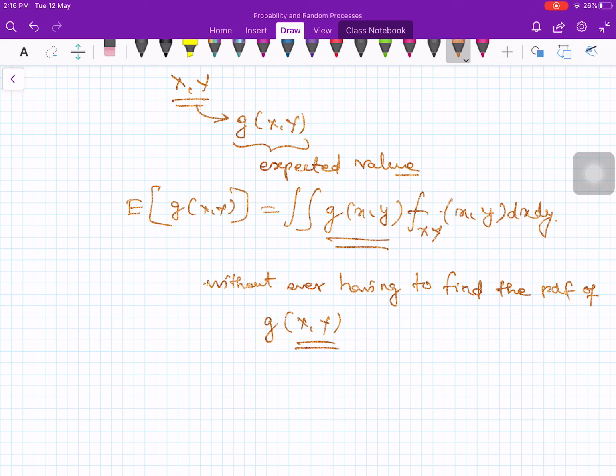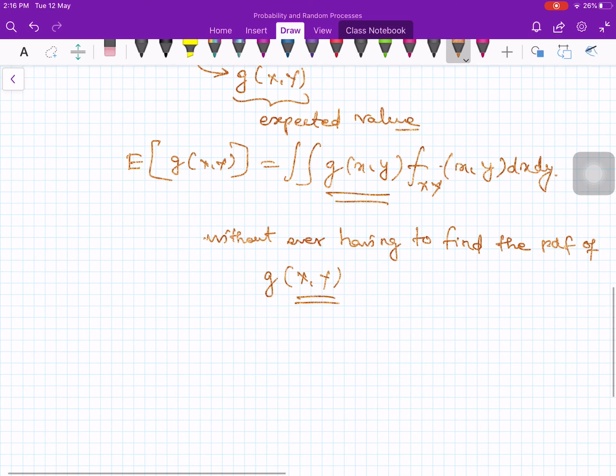So whenever you want to find the expected value, then don't calculate the distribution function of g of X comma Y. Straight away you can calculate from the distribution of the original random variables. So you don't do unnecessary work if it is not needed, but if it is needed or if you are asked to do it, then just do it.